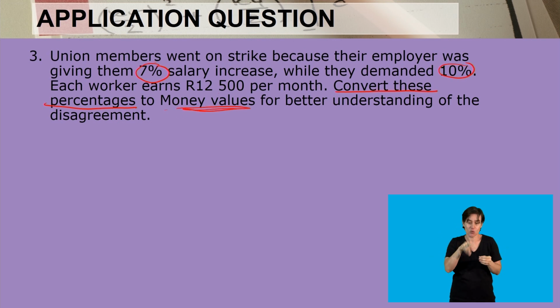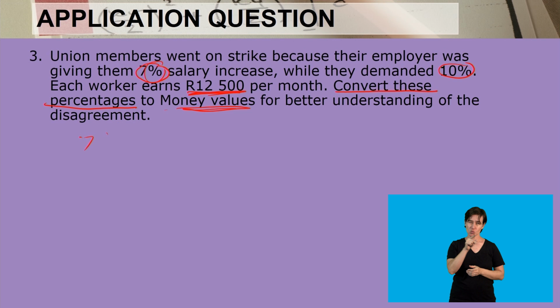So which means we must write them as money so that we are able to compare it with 12,500, which each worker gets per month, for better understanding of the disagreement. So let's take 7%.